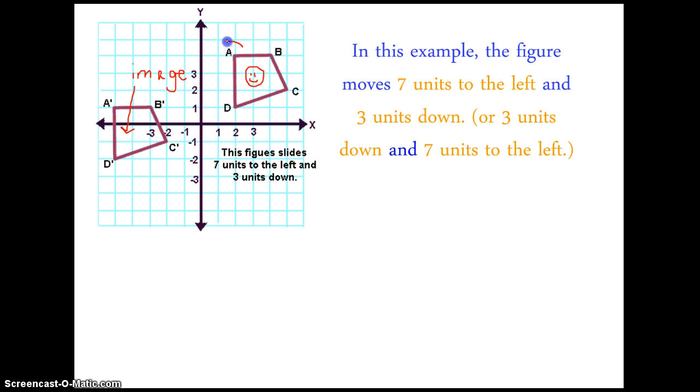And I'm just going to pick one point. I'll start with point A. And I'm going to count how many times I moved to the left. 1, 2, 3, 4, 5, 6, 7 units left. And 1, 2, 3 units down.